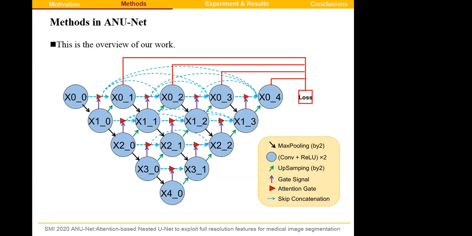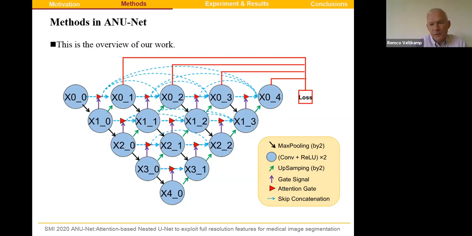So there is no pre-training or other processing steps. We just need to input the image to our network and we can get its mask. There are no other steps or other process. Okay. Does my answer solve your question? Yeah, thanks.